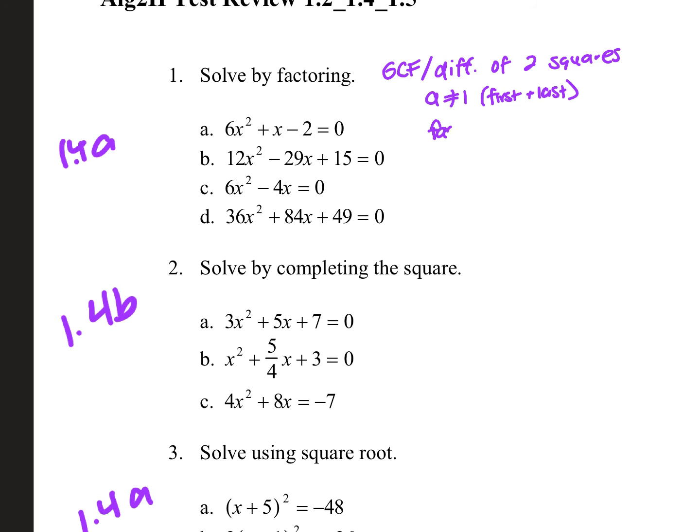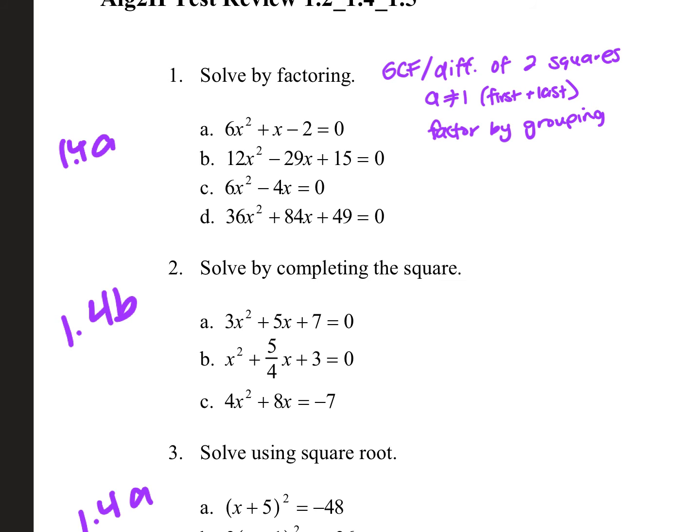And your factor by grouping. So all the different types of factoring are built in there. The goal is to get everything to one side. These are already set equal to 0, but if they're not, you're going to move it. And then see which of those you can do to factor. Always check greatest common factor first, and then factor whichever method you need to use.